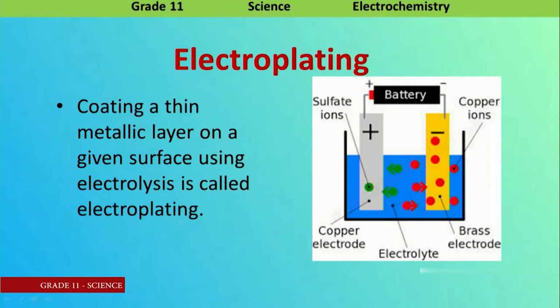Here you can see, children, in the solution or electrolyte, the particular metal ion is available. When electric current is passed through the setup, that metal ion is attracted towards the cathode and receives electrons there to form the particular metal atom.